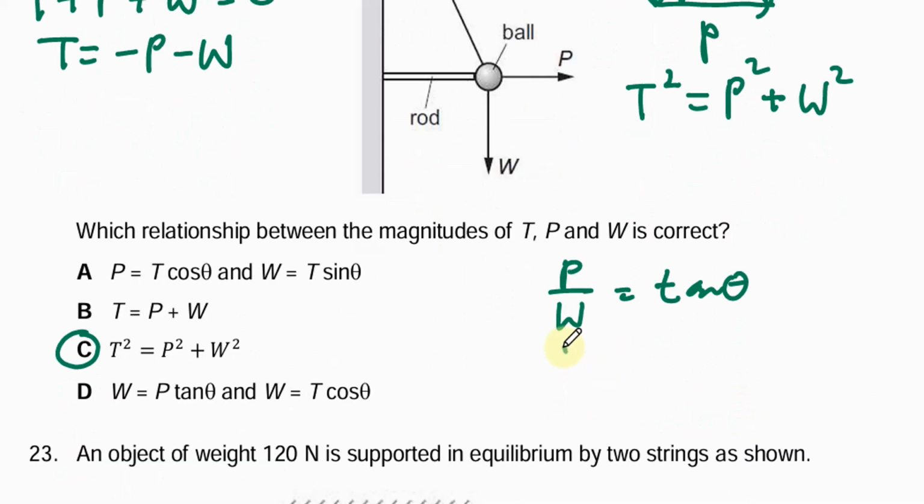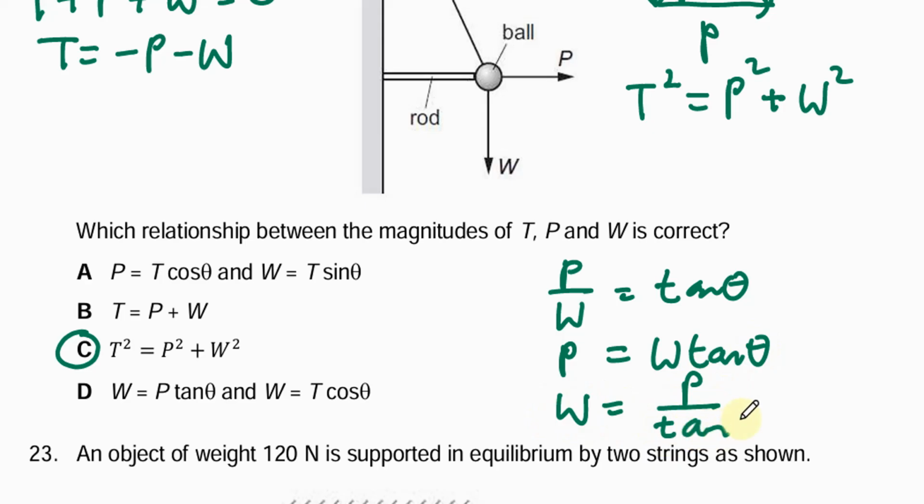Then, making P the subject, we see that P is W tan theta, and W will equal P over tan theta. So D is incorrect because this equation is incorrect. W equals P tan theta, whereas W is actually P over tan theta.